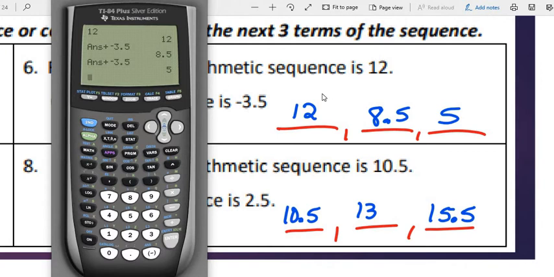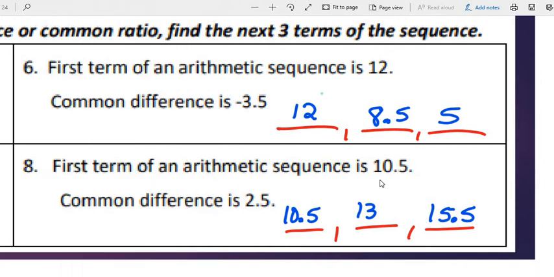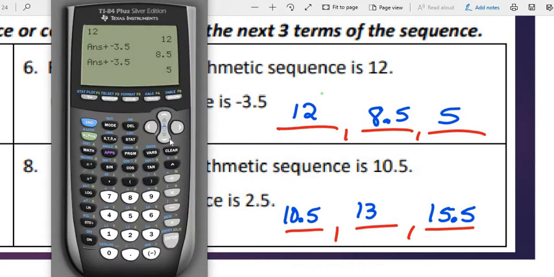Now you're going to do the same thing for the first term right here on number 8. You see the first term is 10.5, and then enter that into your graphing calculator and hit plus 2.5, and you will come up with the 3 terms that you need. So with the graphing calculator, type in 10.5 and hit enter.